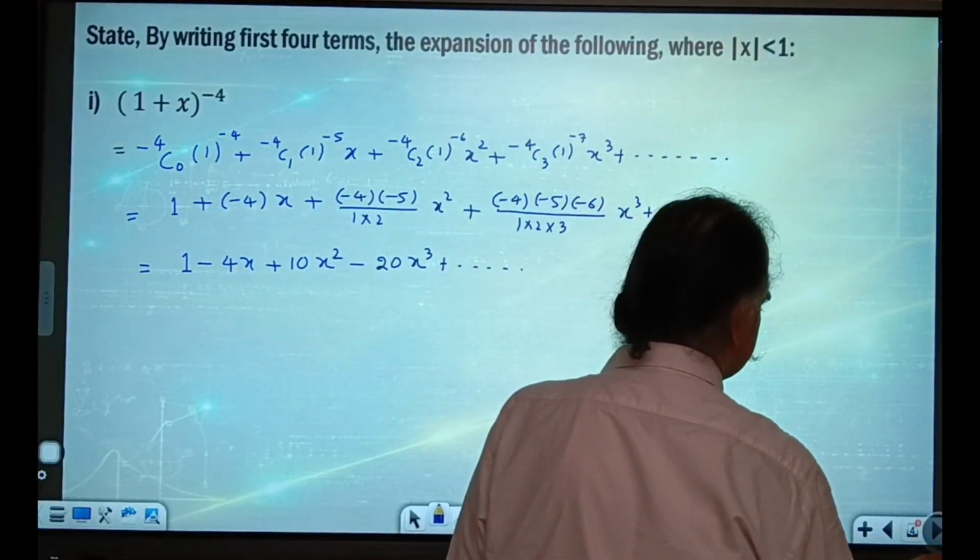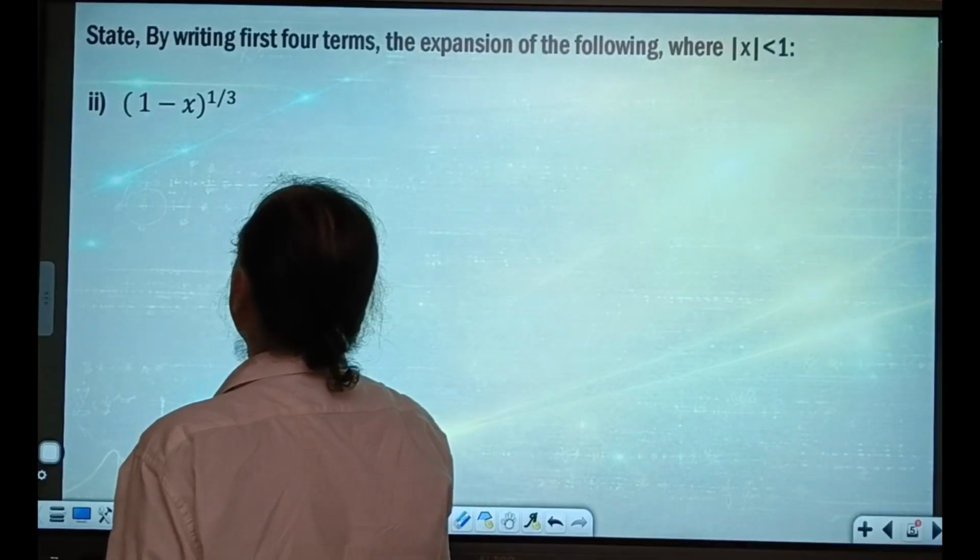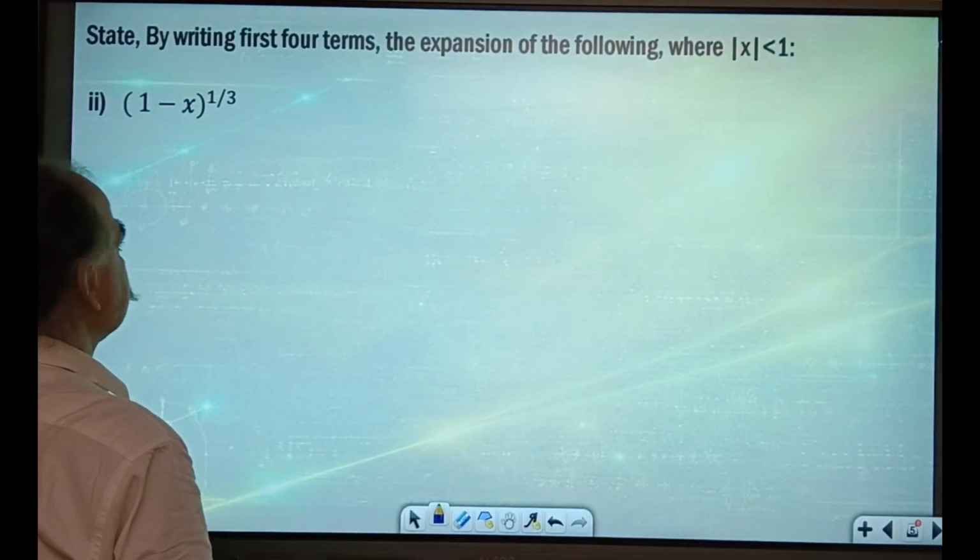So next problem is (1 minus x) raised to 1 by 3.